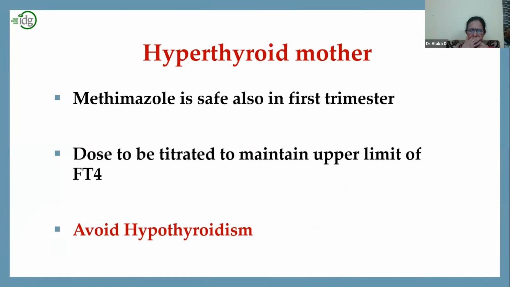So you don't have to start with propylthiouracil, you can start with methimazole. Dose to be titrated to maintain the upper limit of FT4. So it is not that you treat aggressively and bring down the FT4 low. It is not necessary. Keep it at the upper limit, because we want to avoid hypothyroidism in the mother, and if the mother becomes hypothyroid, the child will be affected. So keep the FT4 at the upper level of normal.